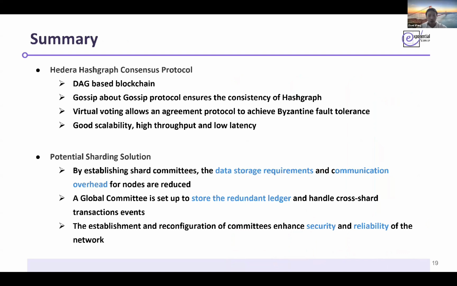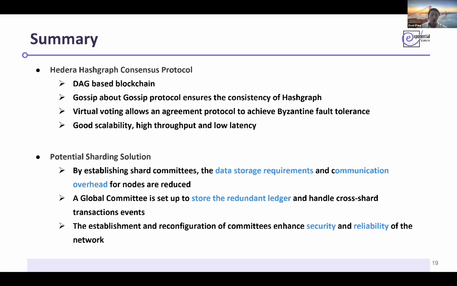To conclude, sharding represents a powerful solution for improving scalability, reducing communication overhead, and enhancing the security and reliability of blockchain networks. By applying this approach to Hedera, we can significantly optimize data storage and transaction processing, while ensuring a more robust network.